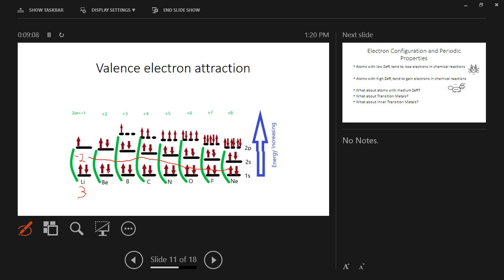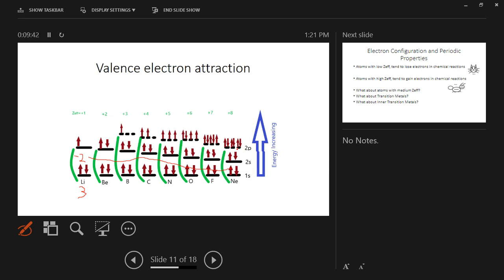And so even though beryllium has 4 protons, the outermost electrons are only feeling a +2 effective nuclear charge, because these inner electrons are canceling out 2 of those charges. And so that is why you see this trend of the electrons getting closer to the nucleus, because there's a stronger pull, and electrons are more attracted to a higher effective nuclear charge.